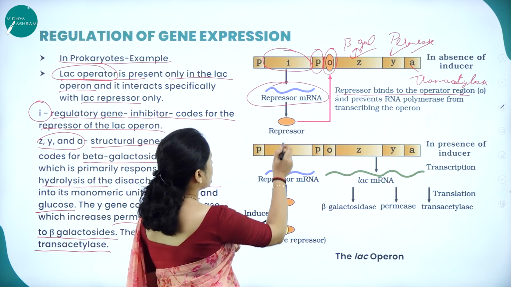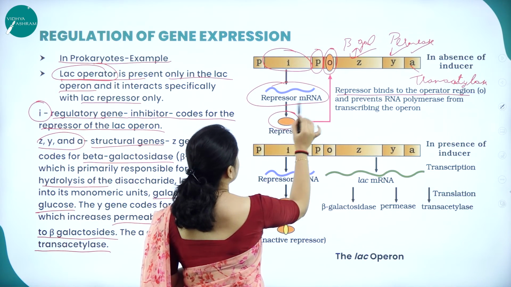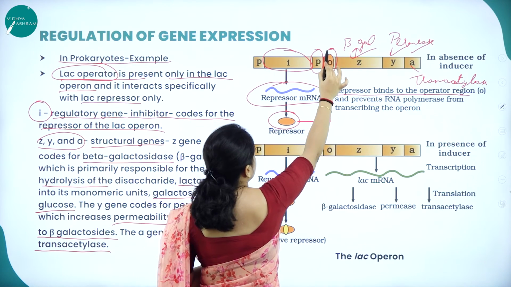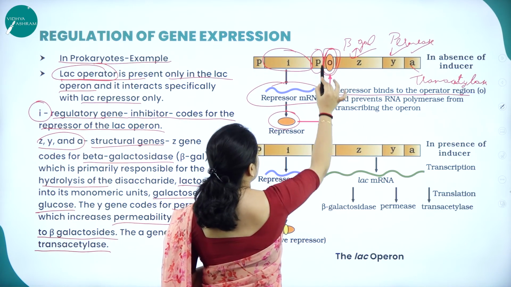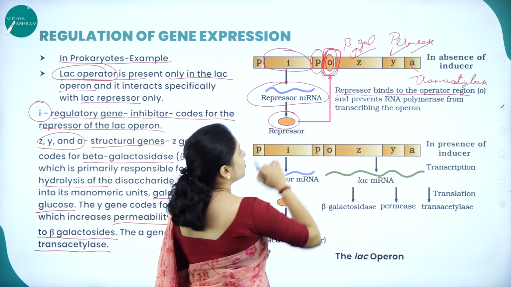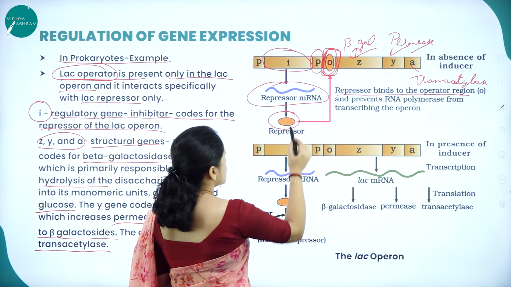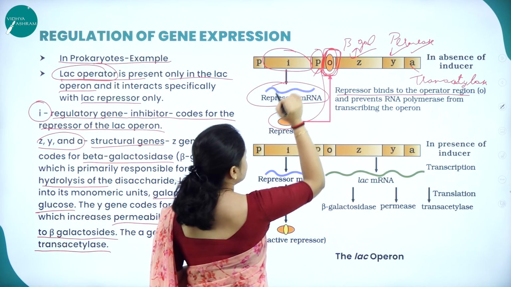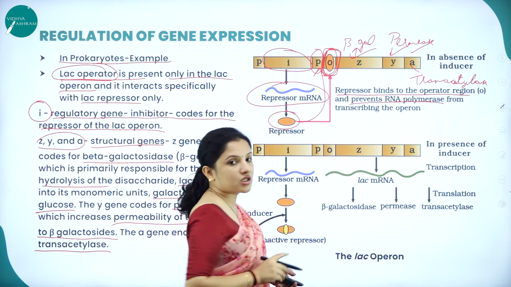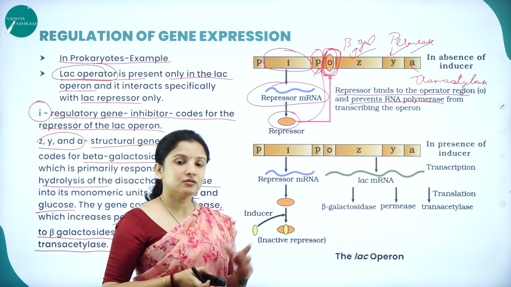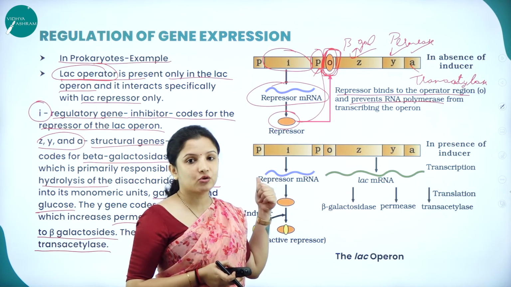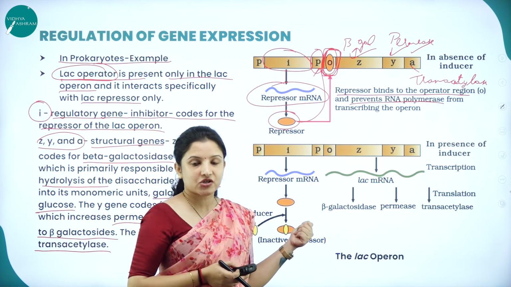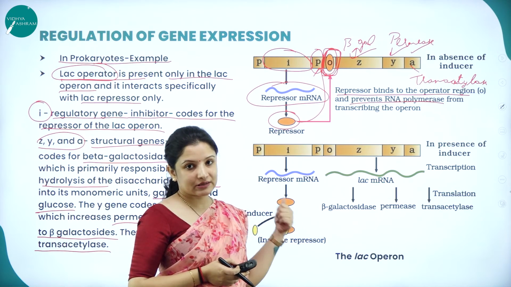To that particular place, the repressor will go and bind, in the operator region. When the repressor binds in the operator region, it prevents the RNA polymerase from binding to the promoter region. Please go and look into the transcription session so that you will understand it better.